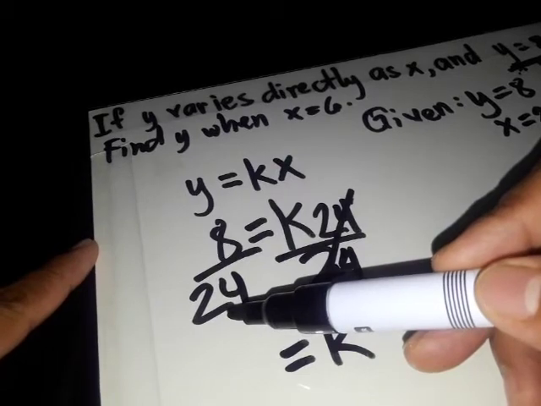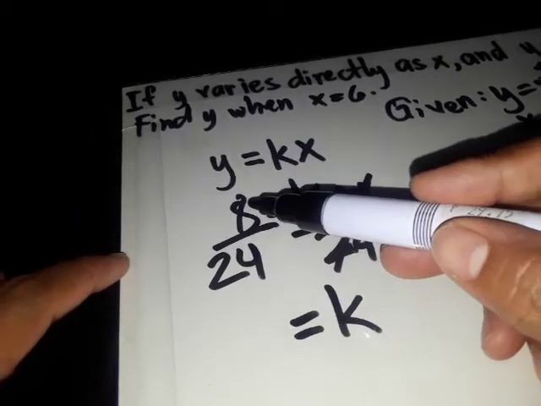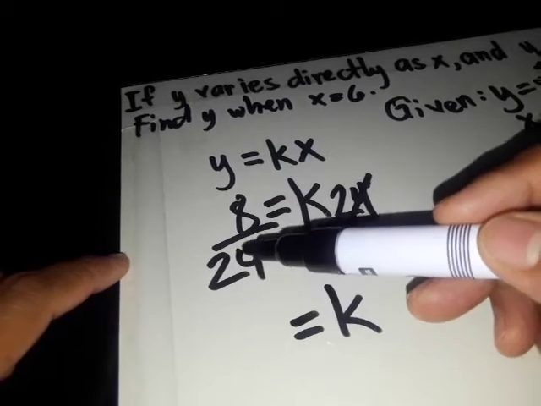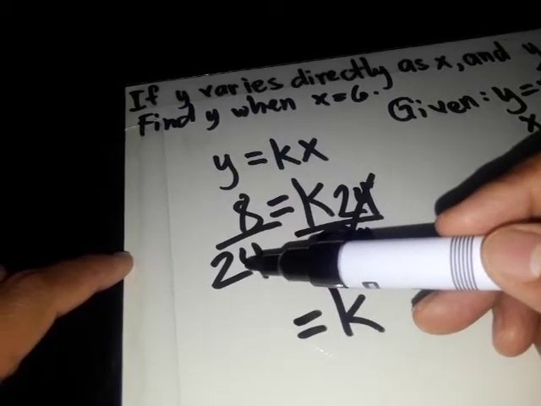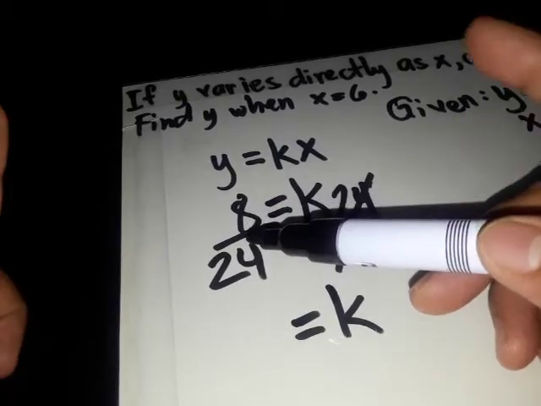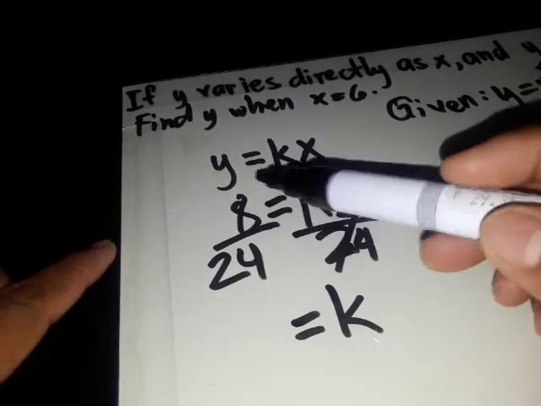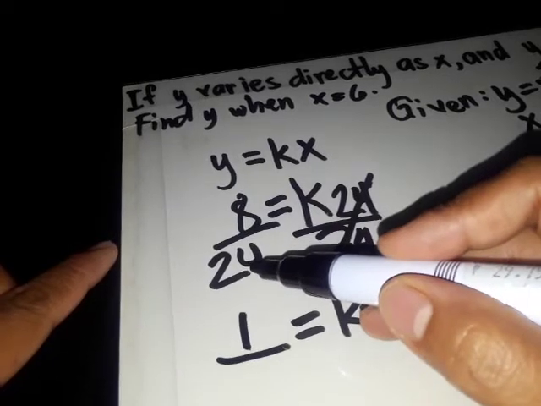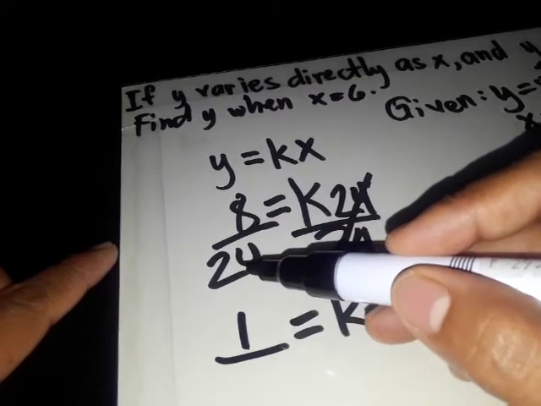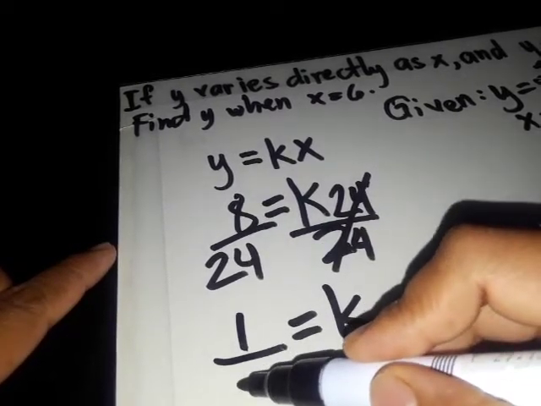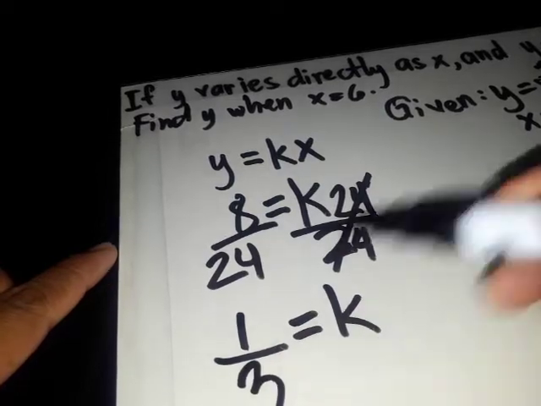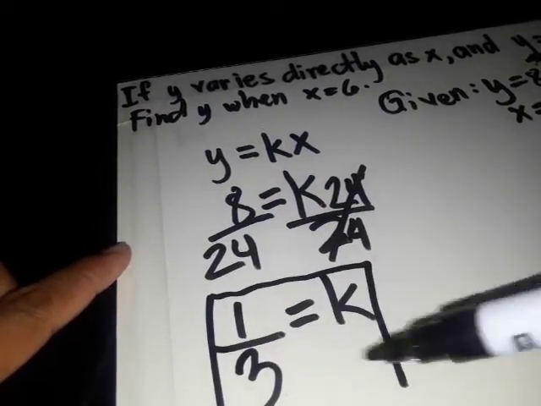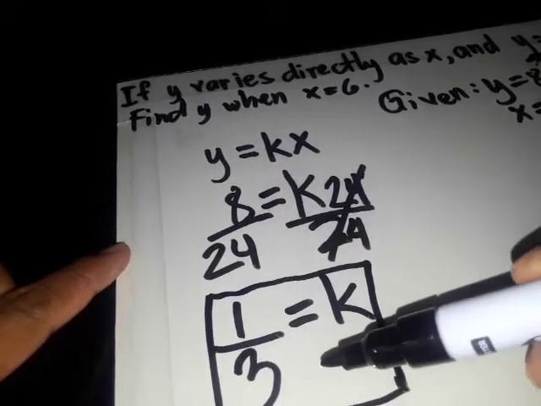Kung napapansin natin, ang numerator ay mas maliit sa denominator, pero pareho silang divisible by 8. Kaya i-divide na lang natin siya para makuha natin ang lowest term. 8 divided by 8 ay 1, and 24 divided by 8 ay 3. Okay, so ang k natin ay 1/3.